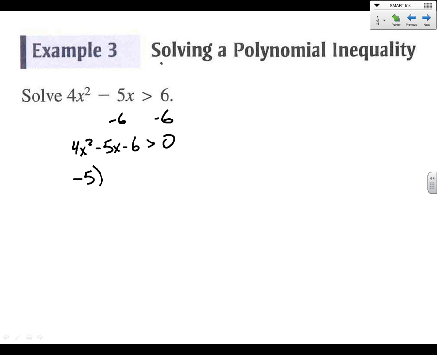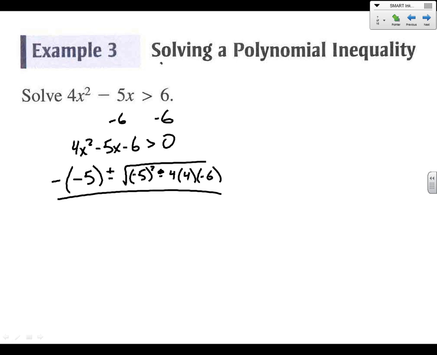Negative -5, negative, plus or minus the square root of -5 squared, minus 4ac. Got to get my formula right. And over 2a in the denominator.